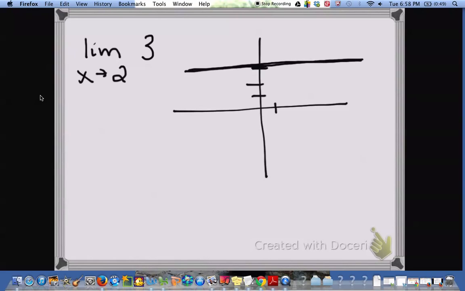So as x approaches 2 from the left-hand side and the right-hand side, what is your output? Your output is always 3. So this limit, as x approaches 2 of the function 3, is 3.